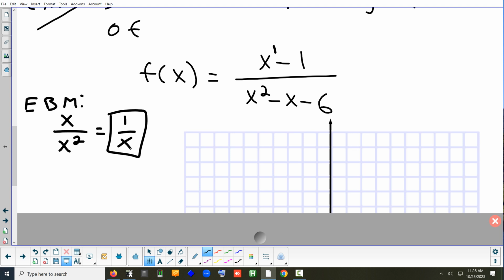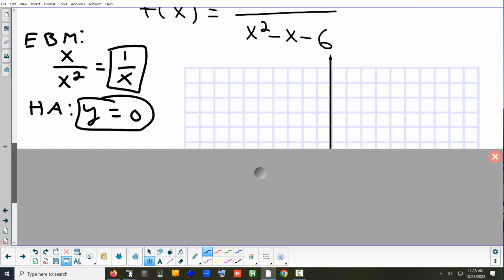Okay, so now I have a simplified formula to look at. That allows me to figure out my horizontal. What's going to happen as x gets bigger to the value in that box? Yeah, y is going to get very close to 0. Okay, so there's our horizontal.